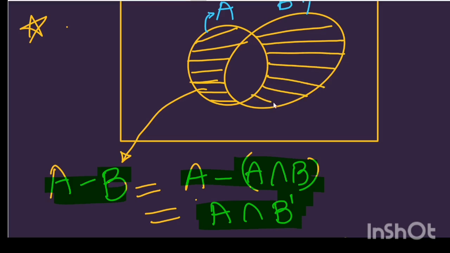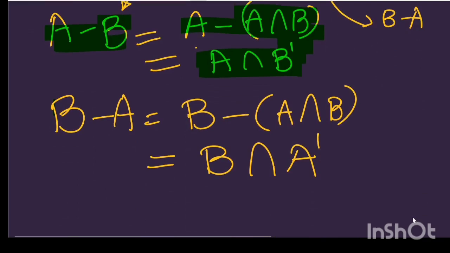This is B minus A. So B minus A is defined like this, excluding A intersection B elements from B, or taking intersection of B and A dash. Okay.